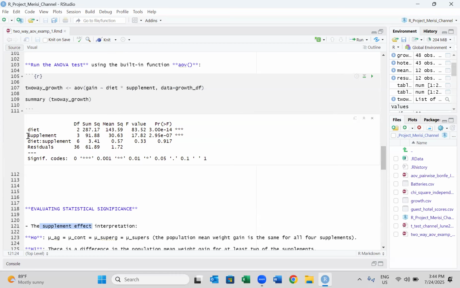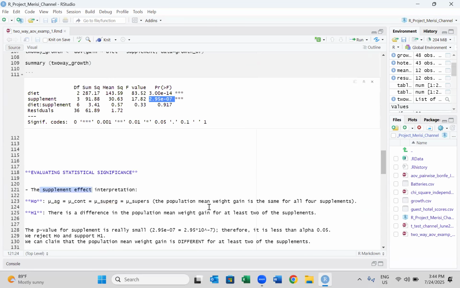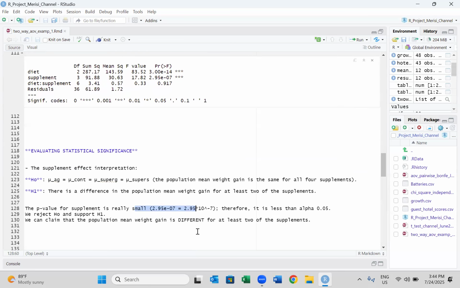For the supplement effect, we look at the supplement row, and we look at the p-value for supplement. The p-value for supplement in scientific notation is 2.95 times 10 to the negative 7. That's a really, really tiny p-value. So obviously that p-value is less than alpha, and what that means is that we can reject H0 and support H1.